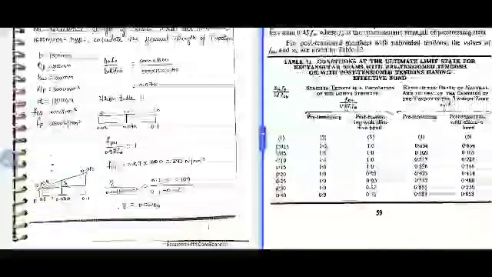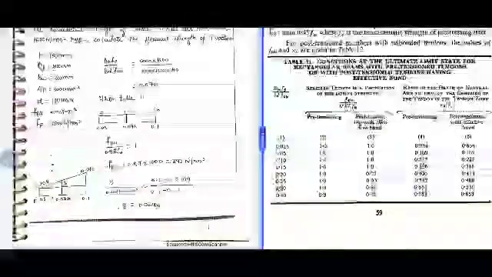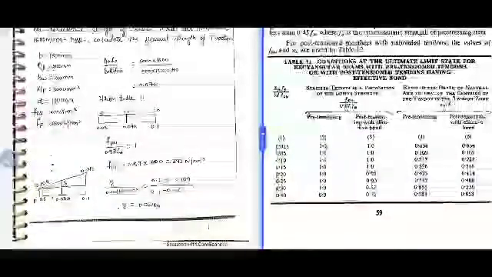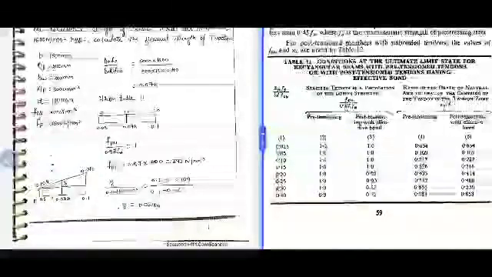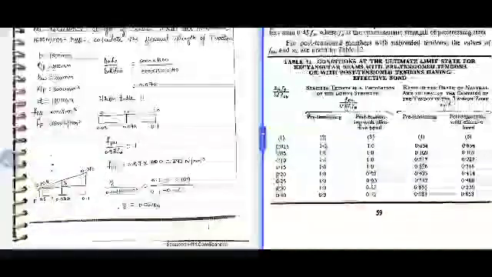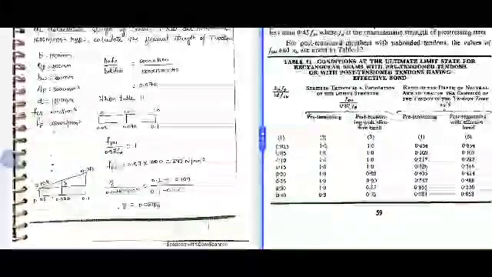So for effective reinforcement ratio of 0.074, it lies between 0.05 and 0.1. For both we have 1, so the value of FPU by 0.87 FP ratio will also remain as 1 only. So simplifying we will get FPU value, that is 1392 Newton per mm square.